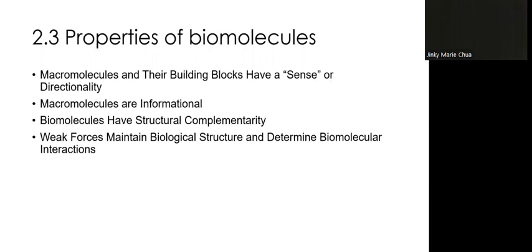So we have here in our book four properties that our biomolecules possess, and this is very important. Actually, it is always a part of your quizzes, even in other units. First, the macromolecules and their building blocks have a sense of direction or directionality. They have end to end, it can be 3 to 5, 5 to 3. So they have directionality. And macromolecules are informational.